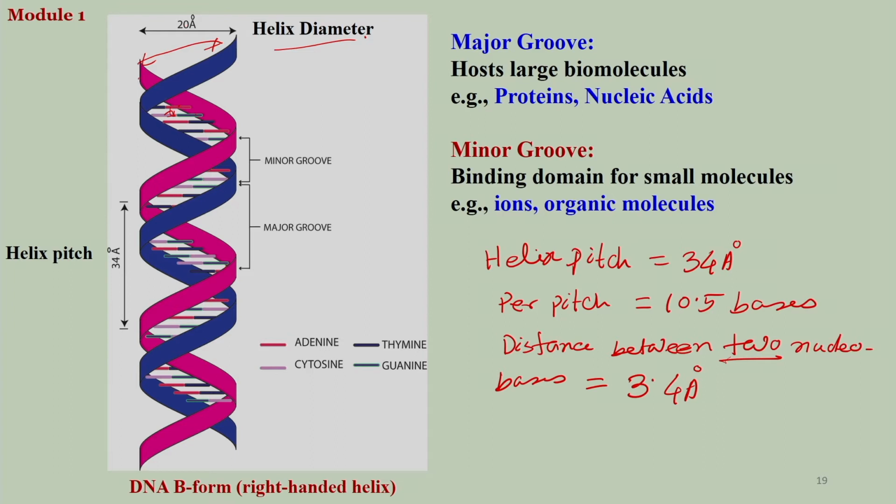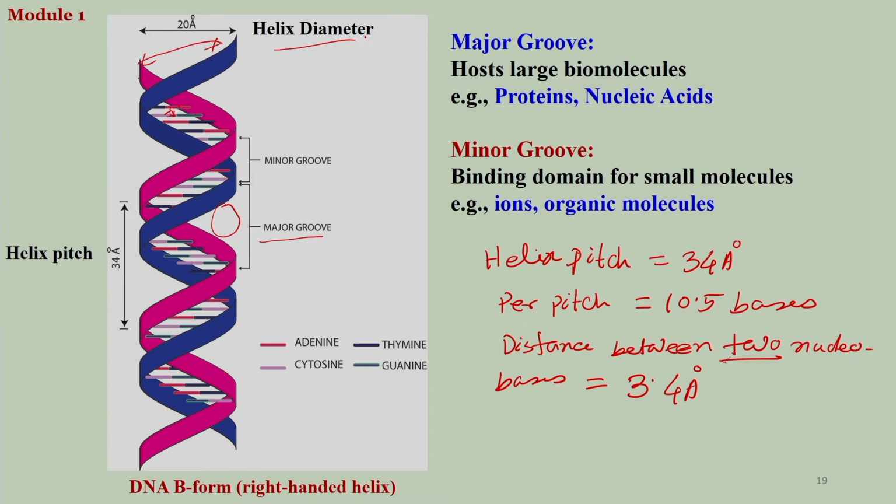And because of this structure, now there are two important pockets that are formed within the DNA. This is the B form of the DNA that I am talking about, which is the most natural one. One is called the major groove, the other one is called the minor groove. So, if you see, it forms here a little bit larger pocket in the helix. So, this is known as the major groove, a relatively larger pocket.